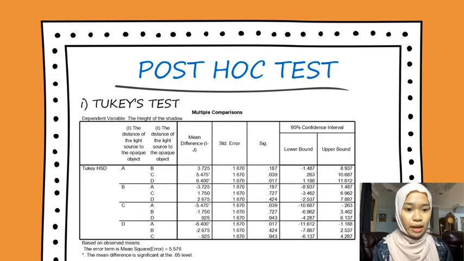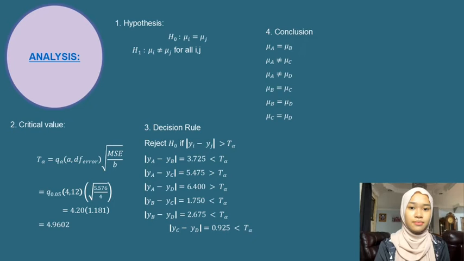So this is the table for Tukey test. For the analysis of Tukey test, the hypothesis is H0: mu i equal to mu j, and H1: mu i not equal to mu j for all i, j. The critical value we found is 4.9602.